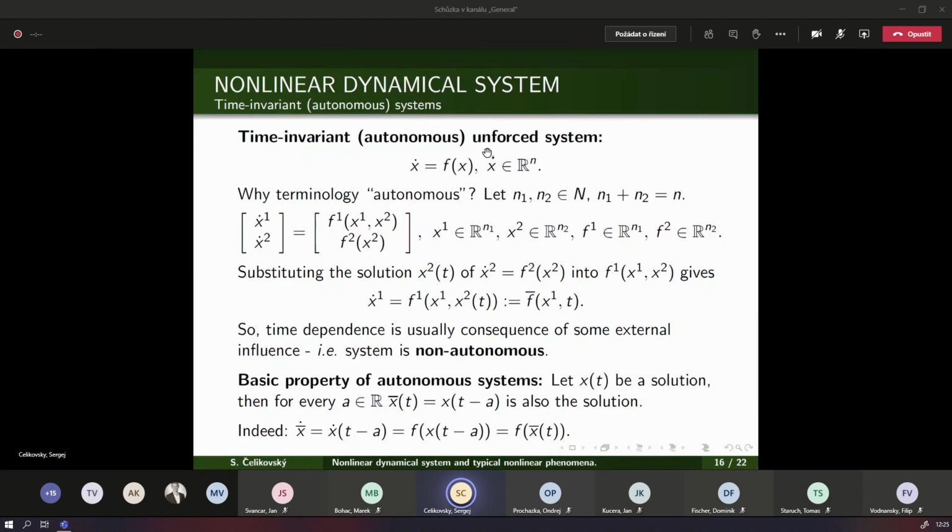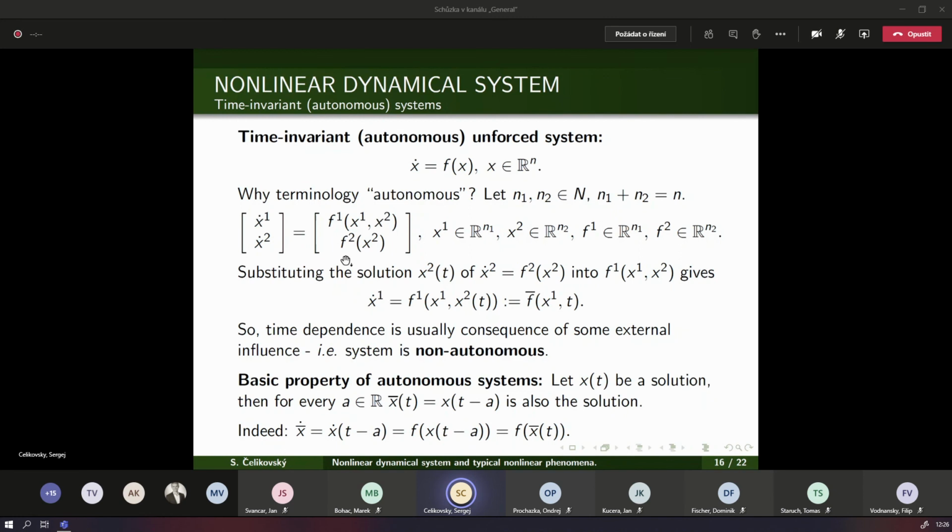One good example to explain this terminology: imagine that you have some bigger system, split it into two parts, and then imagine that we actually look only at this x1 subsystem. If x2 is not present here, then we would say it is autonomous, because we can look at x2 like an external influence on x1. So if x2 is not here, it is autonomous.